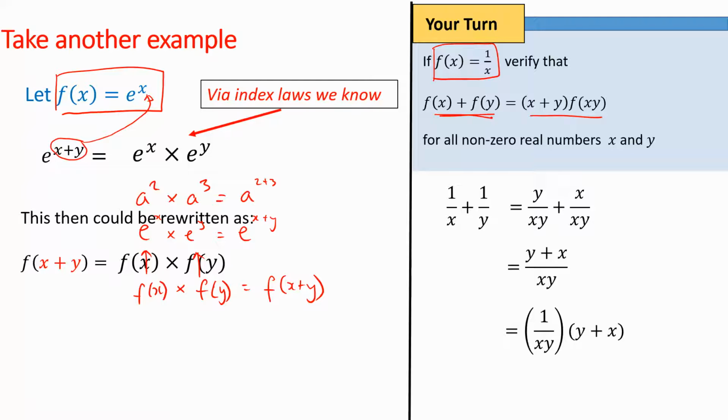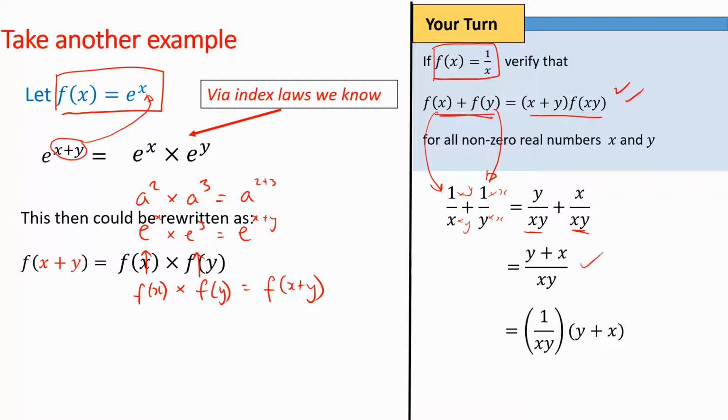I've shown the algebra here. So f of x, which is here, f of y, which is here. I'm just replacing the x and y's. I wanted to simplify this to prove that this is true. So all I did was make the denominators the same. I multiply this by y, and this by x. That gives me a denominator of xy. So I've now got y plus x over the same denominator.